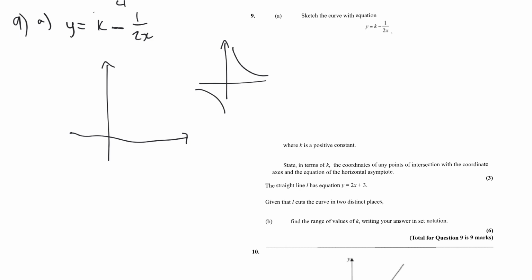But because, oh wait, it should normally be, but because we've got minus 1 over 2x, it's going to be the other way. And then k is just going to be a constant, so a point where it would cross the y-axis.